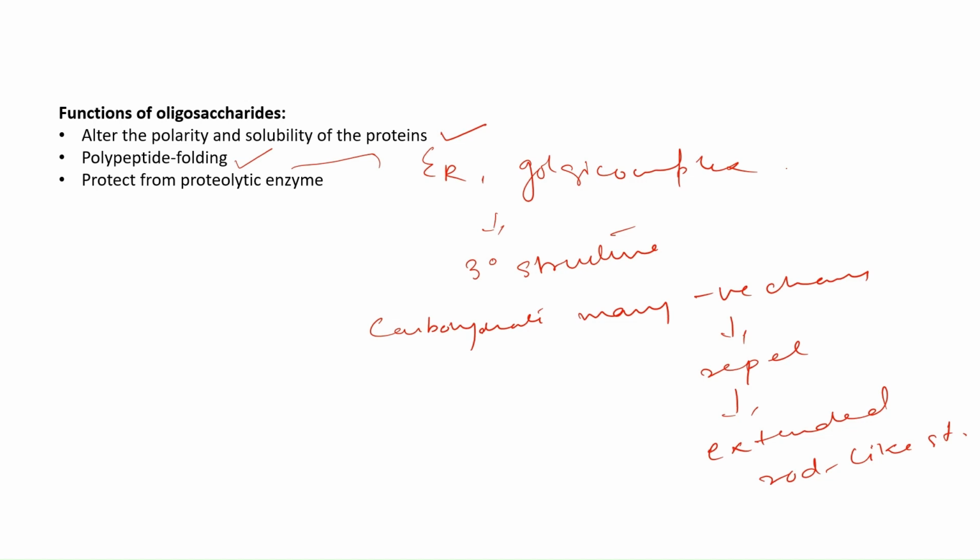Next is protection from proteolytic enzymes. Because the carbohydrates are bulky and they have a negative charge, they can protect the protein from many proteolytic enzymes. These are a few functions of the oligosaccharides present with protein. We'll study some other functions in the next part of the carbohydrate video.